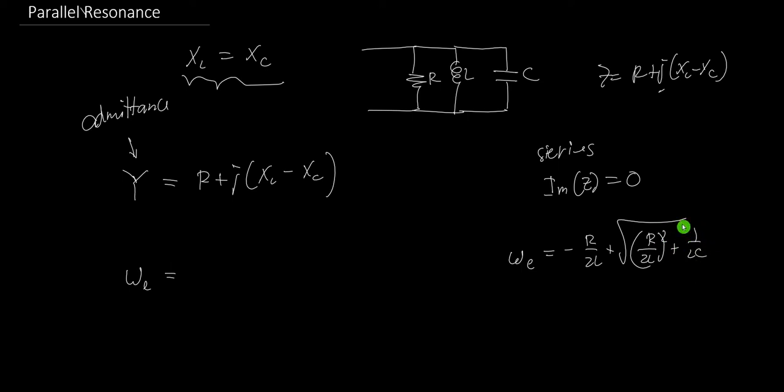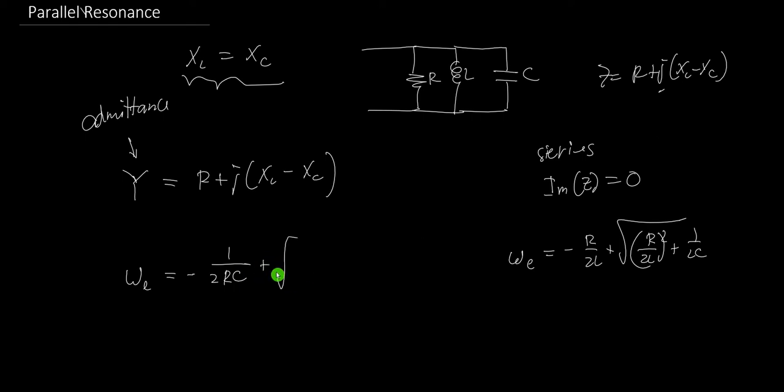In the parallel resonance, we just change R with 1 over R and also L with C. So R over 2L will become 1 over 2RC.